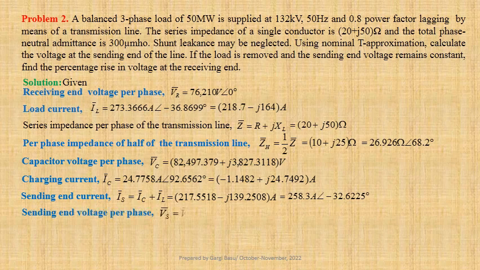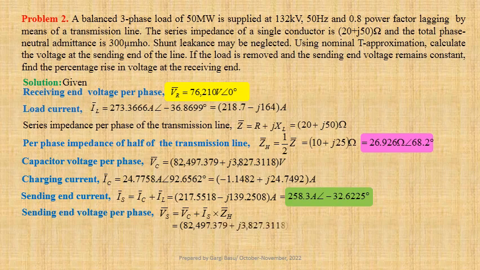Vs equals to Vc plus Is into ZH. Using values we get 82,497.379 plus j times 3,827.3118 plus 258.3 at an angle minus 32.6225 degree into 26.926 at an angle 68.2 degree.